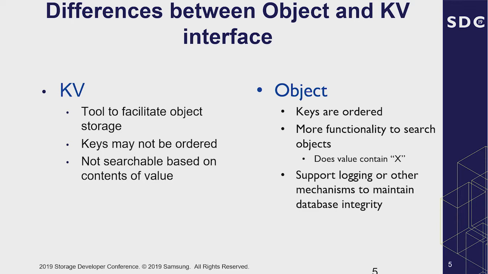In particular, keys are not required to be ordered or be able to be retrieved in an ordered fashion. In other words, if you did some alphanumeric ordering of your keys and wanted to find all of your keys, key value doesn't provide for you to do that in some alphanumeric order.